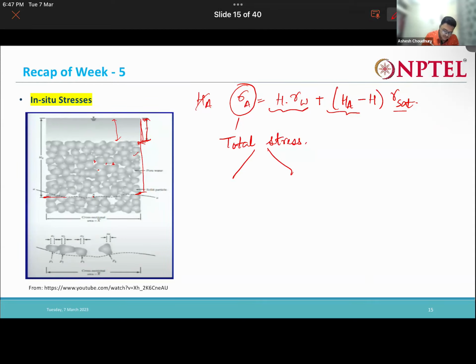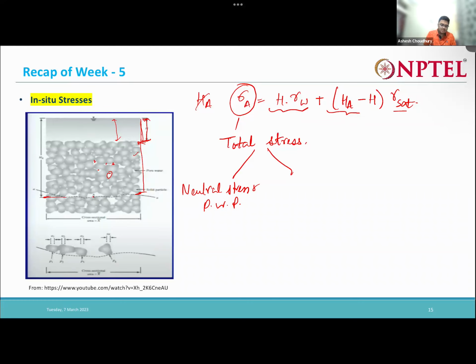Okay, so that is actually known as the neutral stress, or the pore water pressure, PW. Because the water is inside the pores, that's why we are calling it pore water pressure or the neutral stress. And the other stress will be carried by the grains.